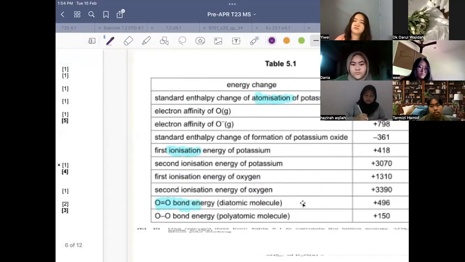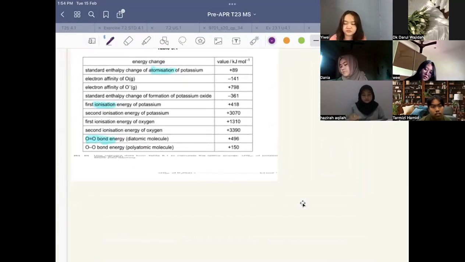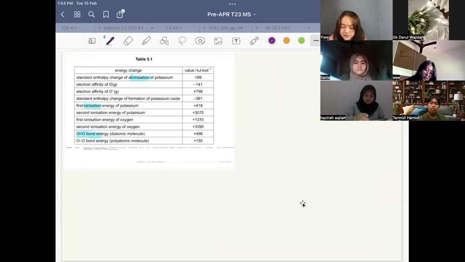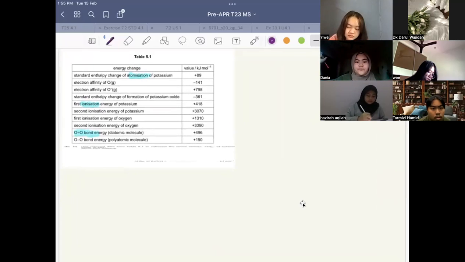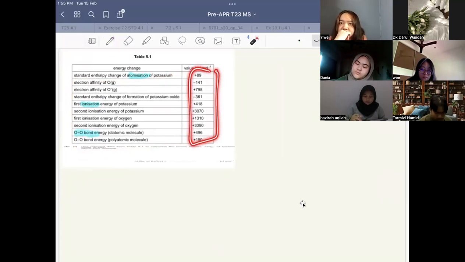So okay, question 3 is what I want to point out to you, because since your syllabus, you will not be given a data booklet, you will be given a list of things that you may not have to use everything. Okay, that is Cambridge's way of tricking you into thinking, oh, I have to use all these numbers. Okay, but actually no need.